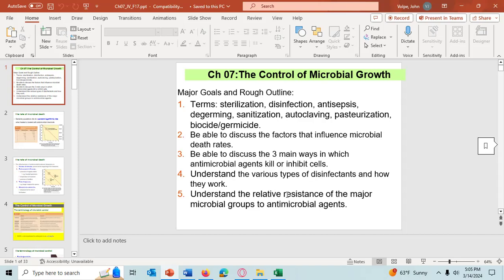And then five, understand the relative resistance of the major microbial groups to antimicrobial agents. If we finish this lecture, we'll talk about number 5. If we don't finish it, we won't cover number 5 because it's discussed at the end of the lesson. And hopefully we'll cover it because otherwise I'll have to change the final. Any questions about what we're going to cover?